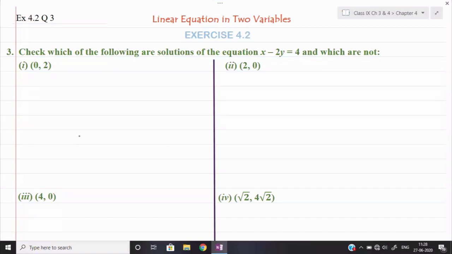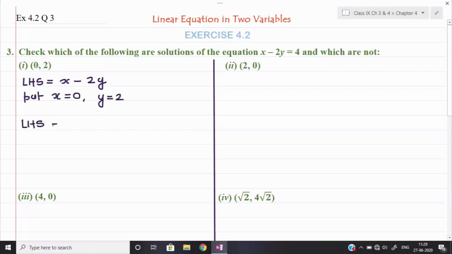So see, I am taking the first question. First of all, I will take the left hand side. LHS is equal to x minus 2y. Now in this LHS I am going to put the value of x as 0 and the value of y as 2.